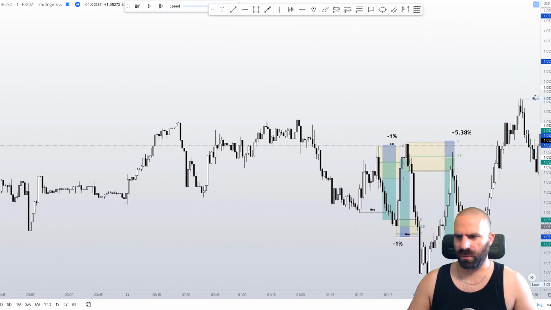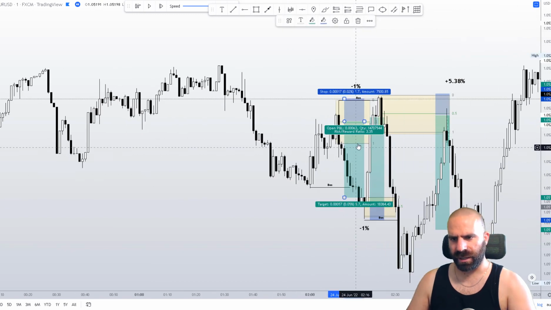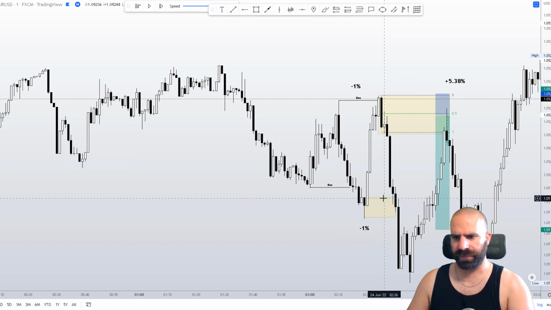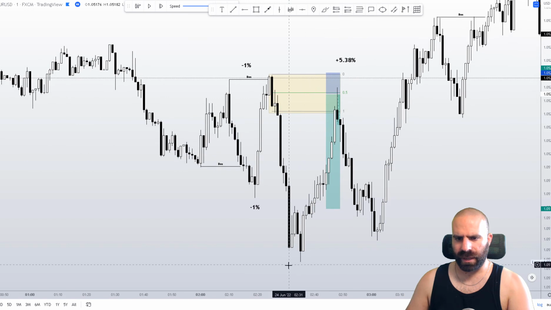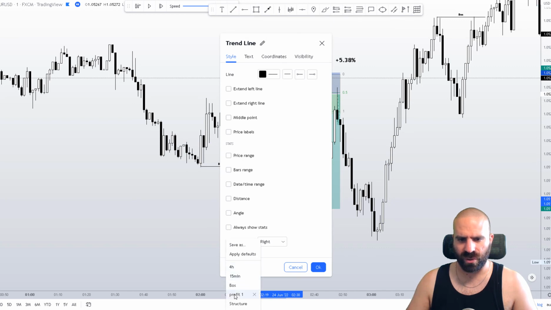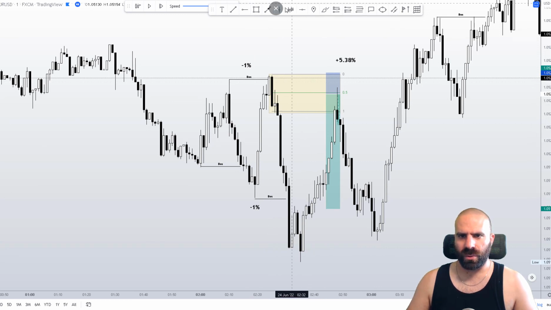What we are doing is waiting for a break of structure. Okay, let me remove this right here and this right here. We have a break of structure right here on the downside. We're just following price action on the 1 minute time frame, and we have a break of structure right here. Then we're highlighting the last order block or the last two order blocks.